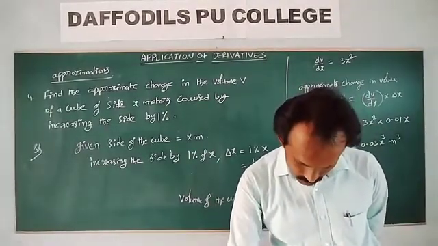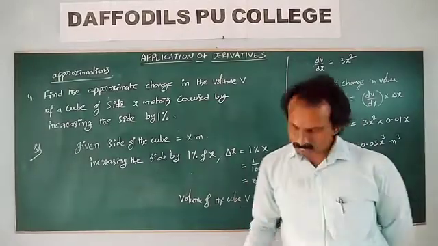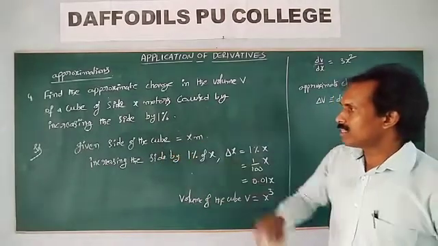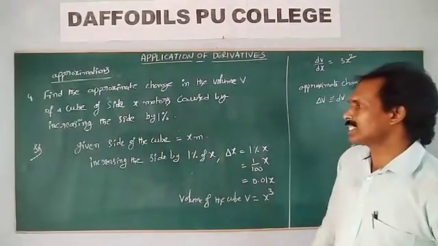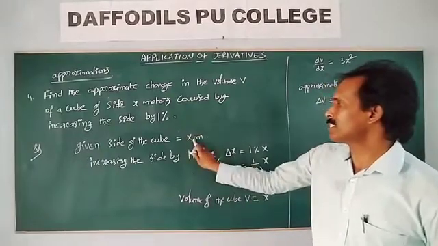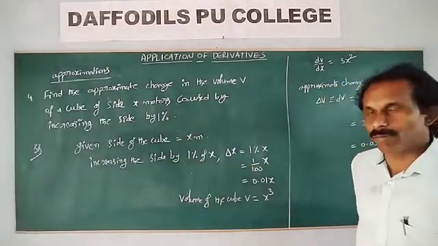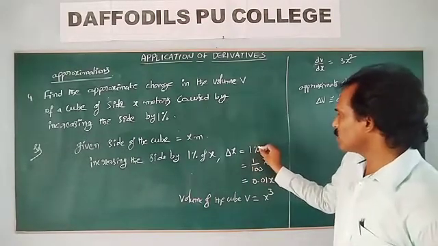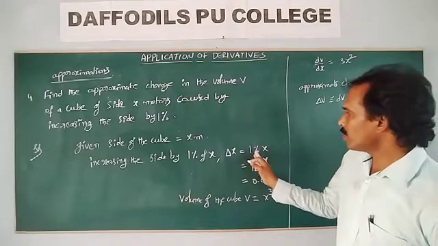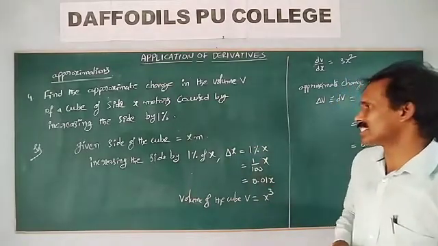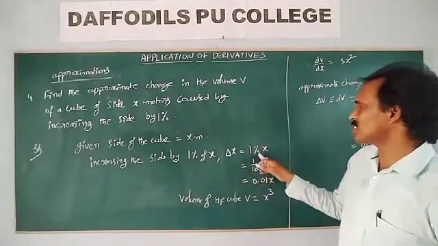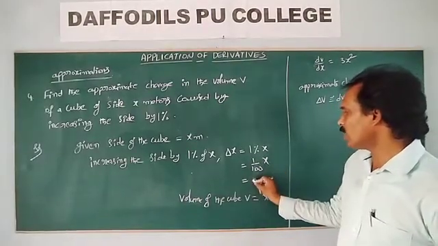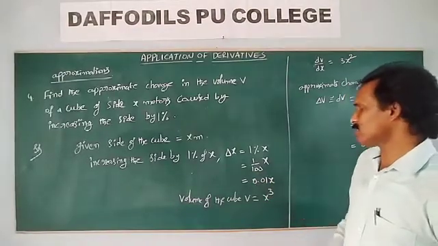Take given side of the cube, x meters, and increasing the side by 1% of x, that is nothing but delta x. Delta x means 1 by 100 of x. Therefore 0.01 x, some change in x.